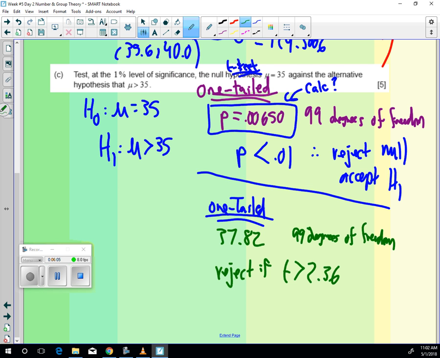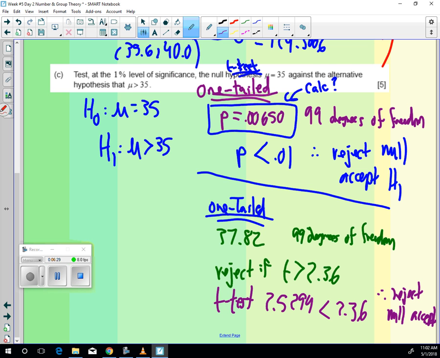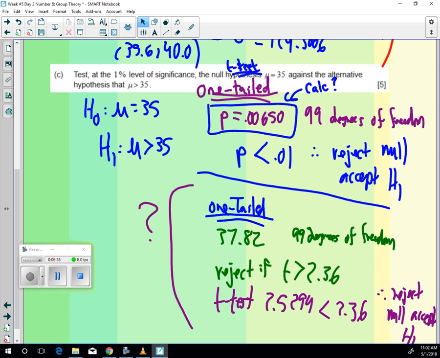And the t-test gave us 2.5294, which is less than 2.36. Therefore, reject null, accept alternative. This did not make any sense to me. This one made the most sense to me.